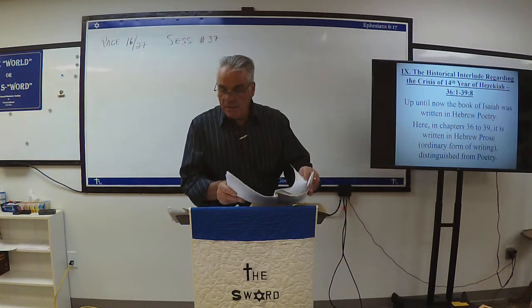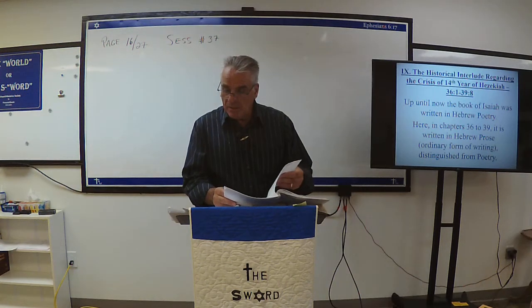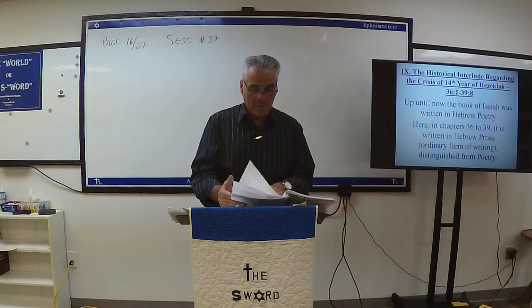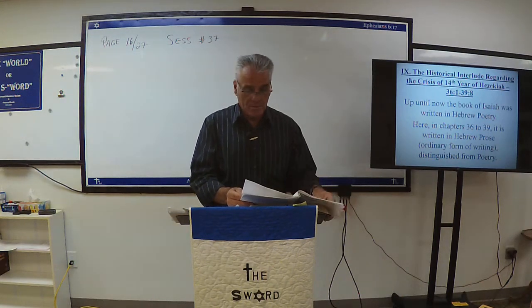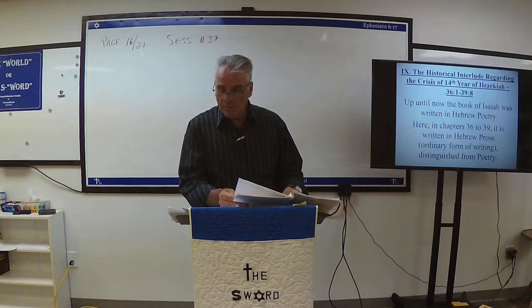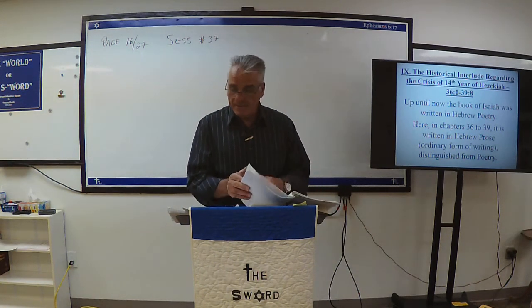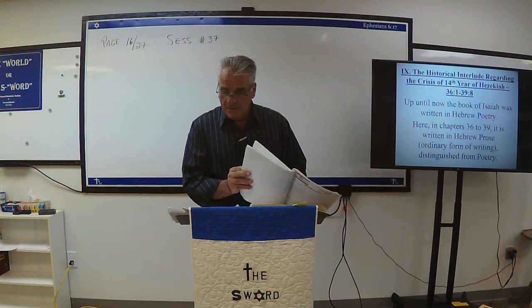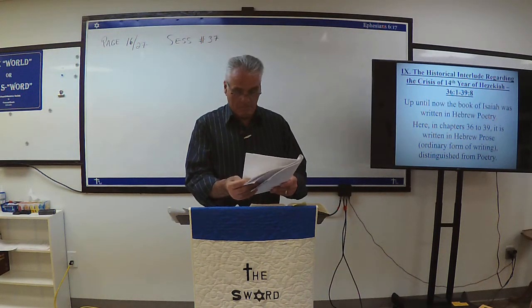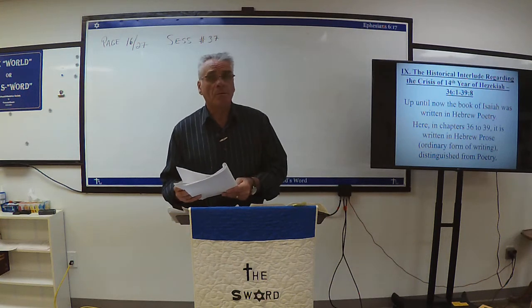Go to your outline, not page 18, but go back in your outline. I'll give you the number in a moment. Outline number 9. This is page 17. And go back to page 13 for a quick moment.